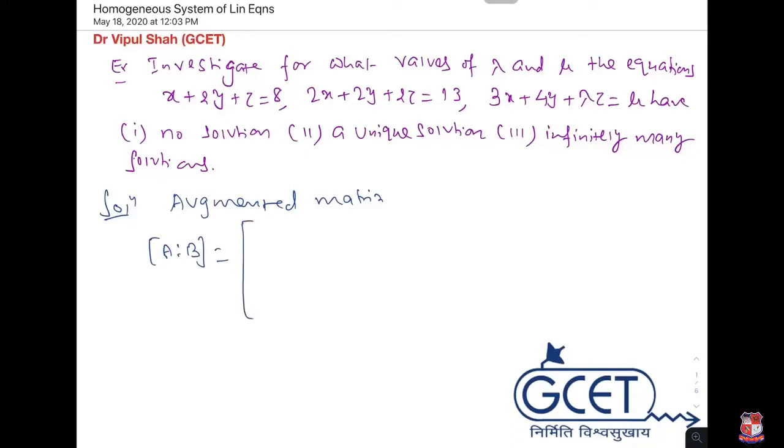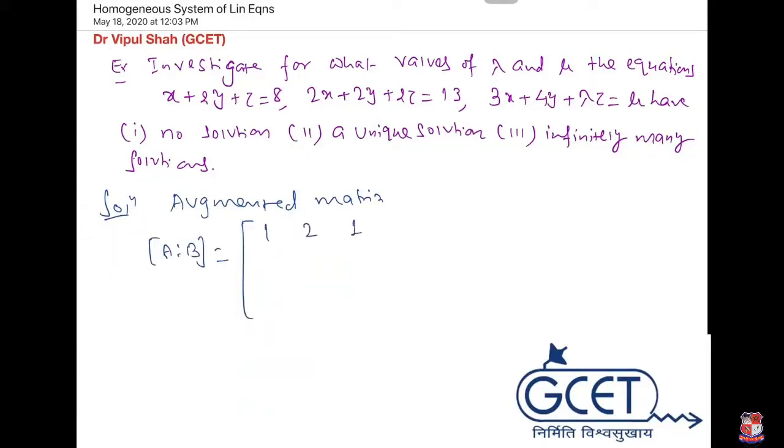So we need to take the coefficients here. So that is 1, 2, 1, then 8, then 2 from the second equation, 2, 2, 13, then 3, 4, lambda and mu.